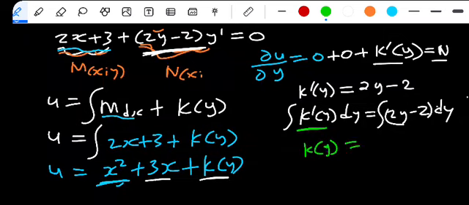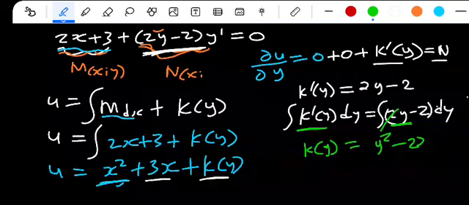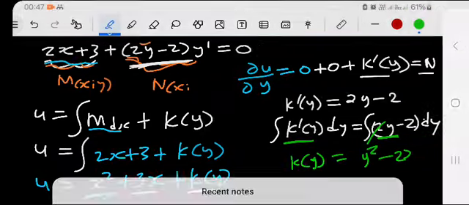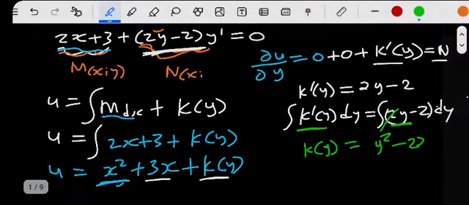This will equal, taking the integral of 2y, y squared, when we divide by 2 and cancel that 2. Then minus 2, which we multiply by y since it is a constant.